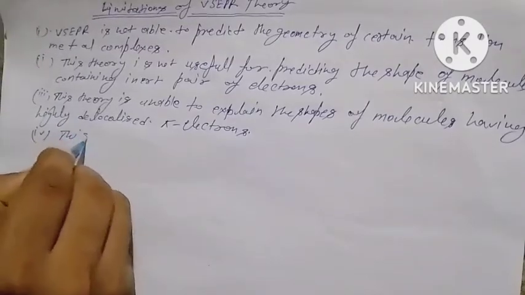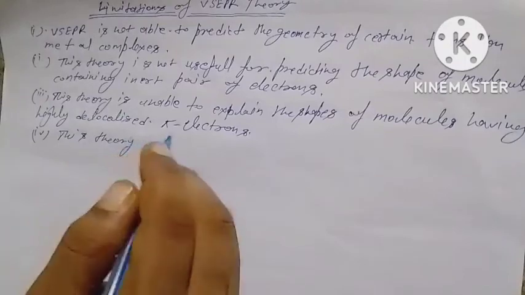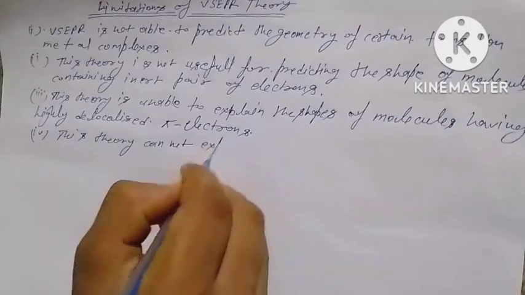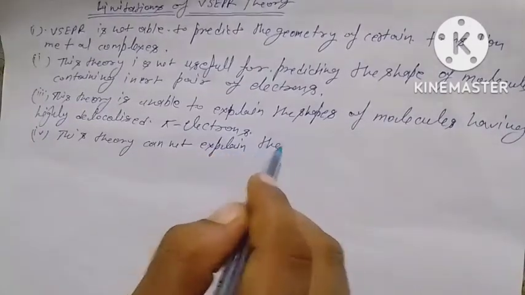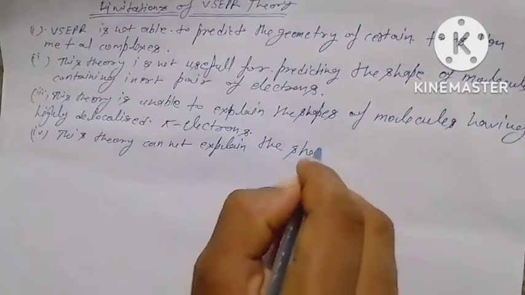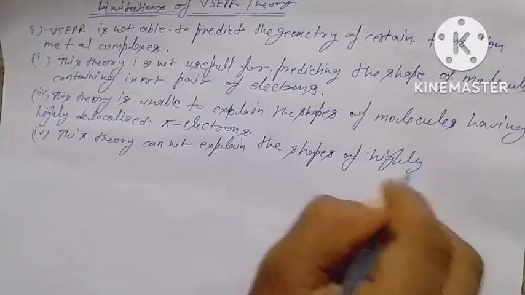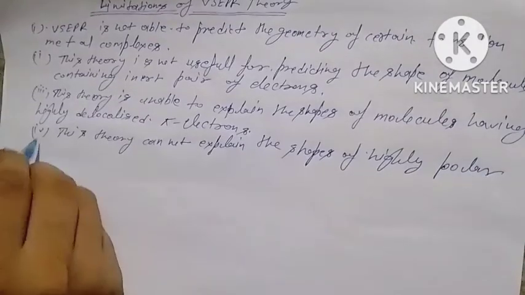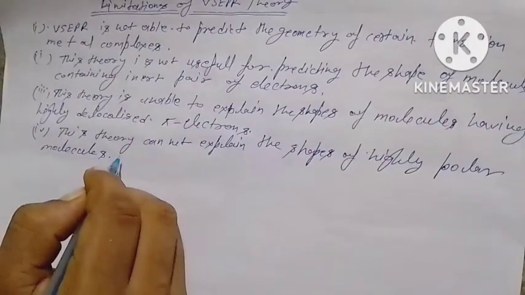Fourth point. This theory cannot explain the shapes of highly polar molecules.